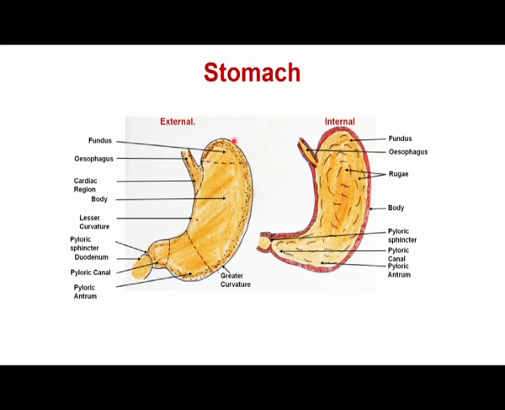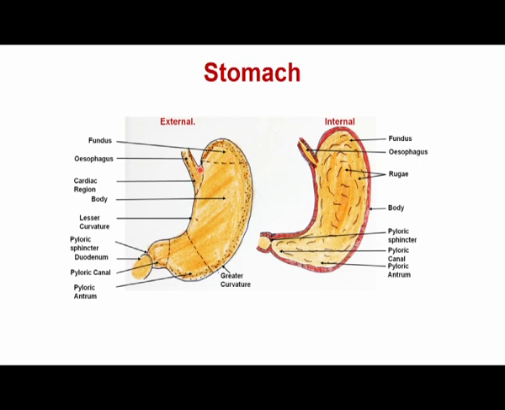The top roof of the stomach is called the fundus, and this portion is used for storing the gas which is produced during the digestion process, or even otherwise. The other portion is the cardiac portion.